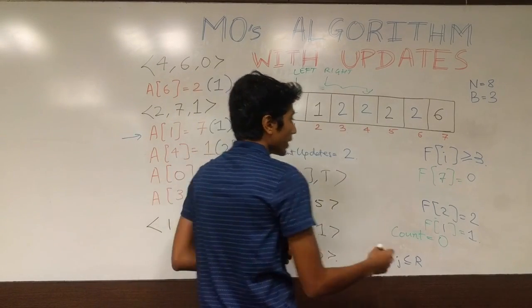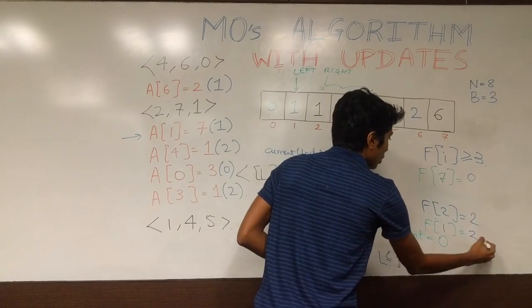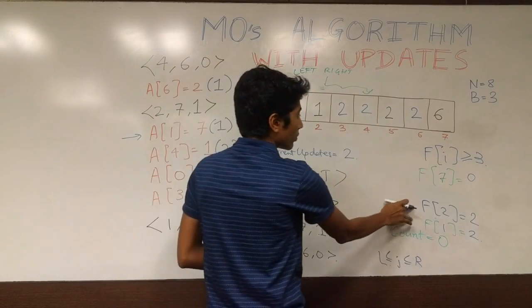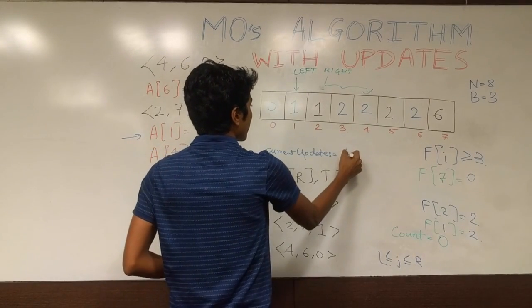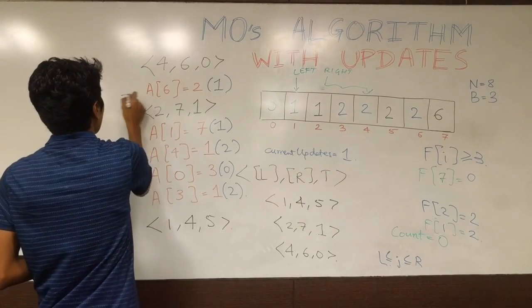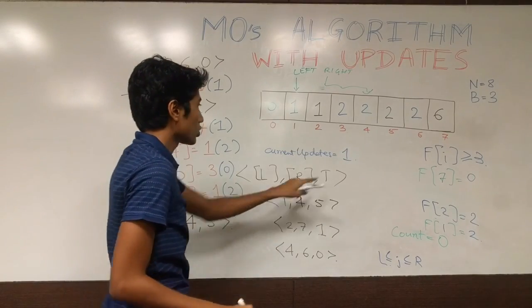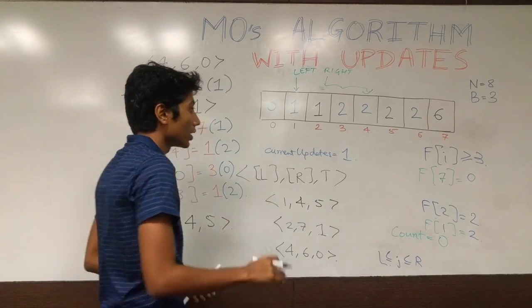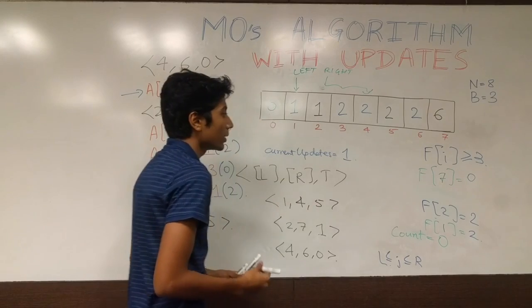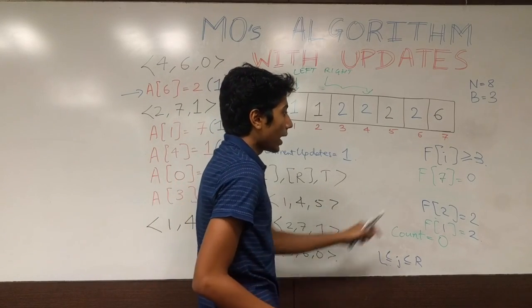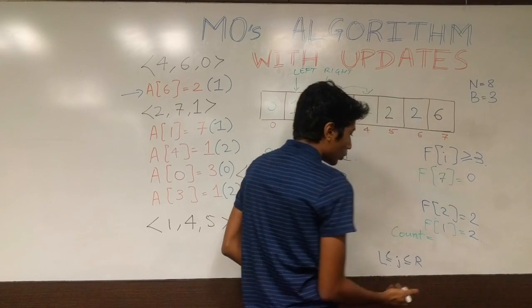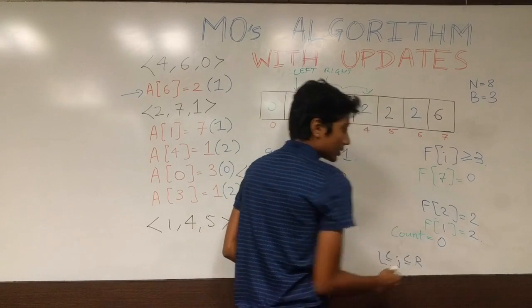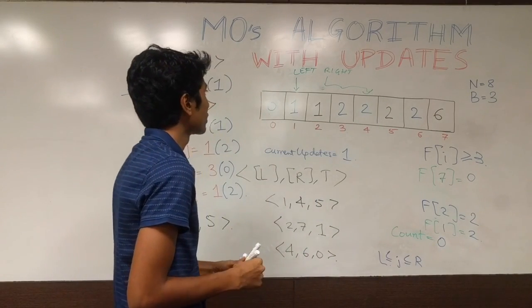A of 1 needs to be incremented, so that becomes 2. And you see that this is consistent with what we have. Now current updates needs to be decremented because we have rolled this back and we are pointing here. We have just one update, which is exactly what we wanted. These are the frequencies of the elements. None of them are equal to 3, and count is therefore 0. It didn't hit 3 here.